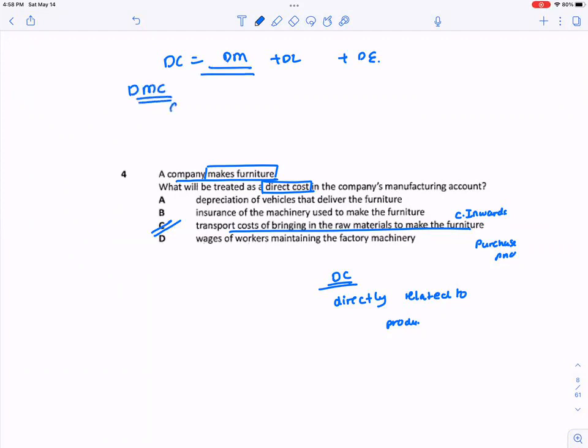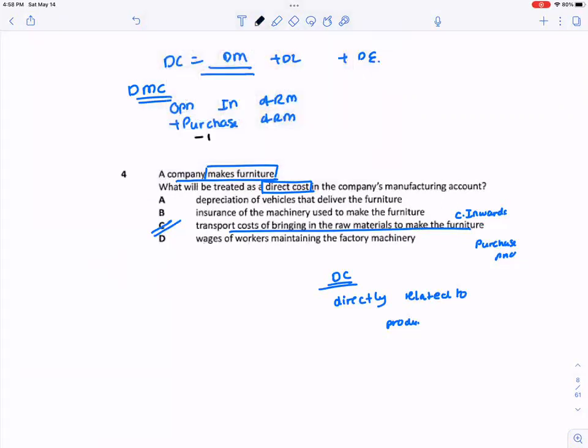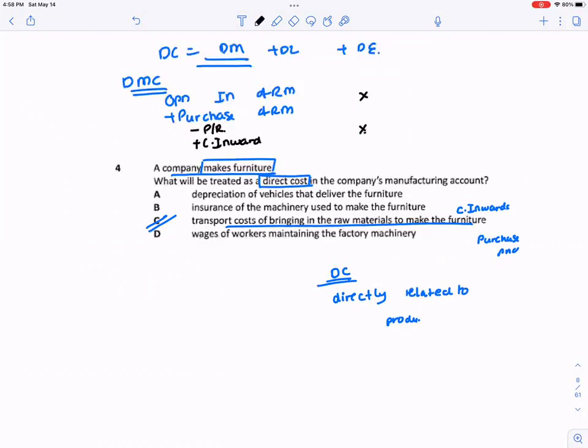Direct material consumed means opening inventory of raw material plus purchases of raw material. In purchases, I will remove purchase returns and add carriage inwards. This will be the amount of purchase of raw material, minus closing inventory of raw material.